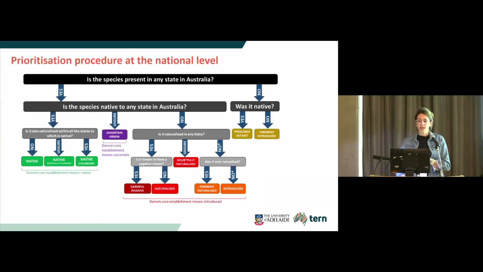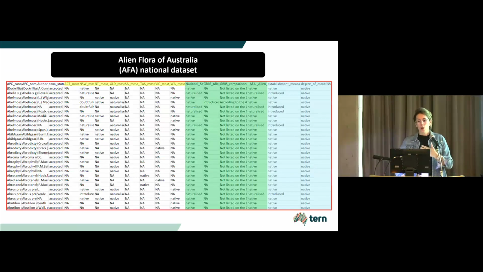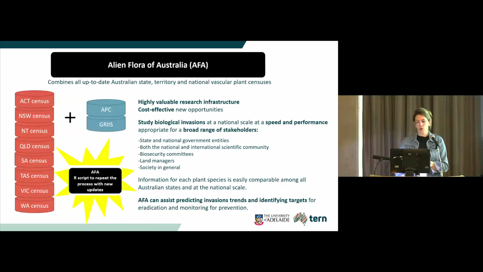The prioritisation procedure at the national level was in reverse. When a species at the state level was flagged as being introduced, it automatically was flagged as being introduced at the national level. Once again, we have a national data set, which includes all of the state and territory source information for introduced, APC, the GRIIS, the AFA, which is this framework, and then the Darwin Core.